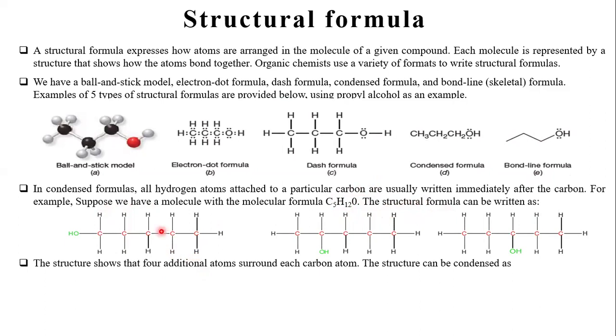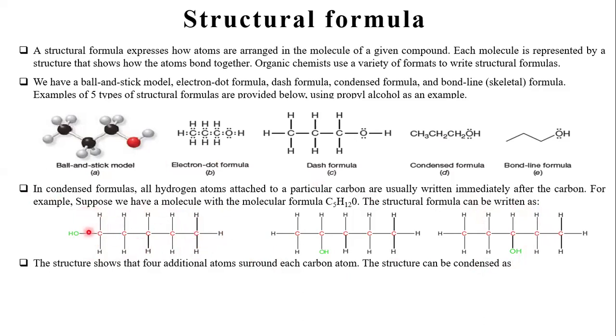we can see three structures. We have 1-pentanol, 2-pentanol, and 3-pentanol. They are all alcohols. So we can see this type of structure is the dash formula.